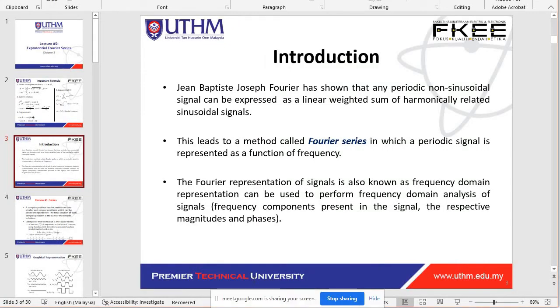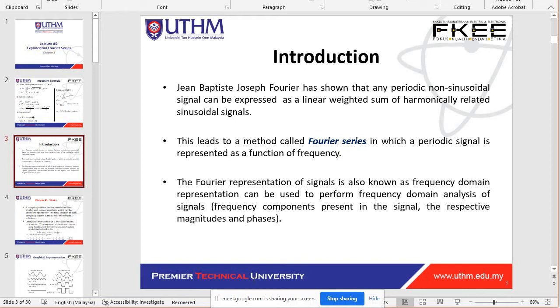So this Joseph Fourier has shown that any periodic non-sinusoidal signal can be expressed as a linear weighted sum of harmonically related sinusoidal signals. So he introduced this Fourier series, in which the periodic signal is represented as a function of frequency.